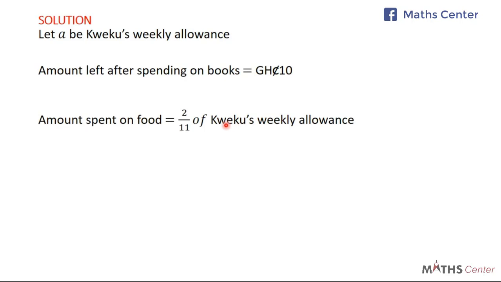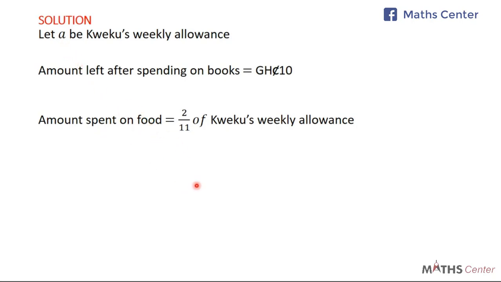To begin with, we first need to find the amount of money spent on food. The question told us that it is 2/11 of the weekly allowance. The weekly allowance is A. Before Kweku started the whole expenditure, he had A on him.